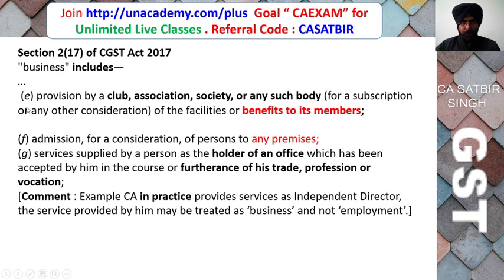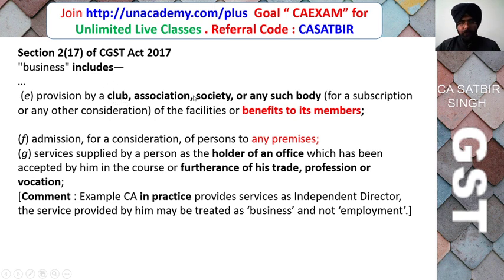Another provision is the provision by a club, association, society or any such body of facilities or benefits to its members for a subscription or any other consideration. So even if the club supplies goods or services to its members, it will also be termed as supply. It cannot be said that the person is supplying to himself.